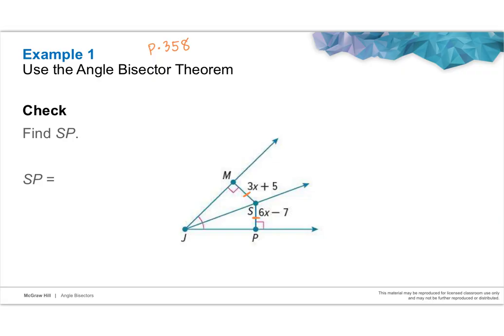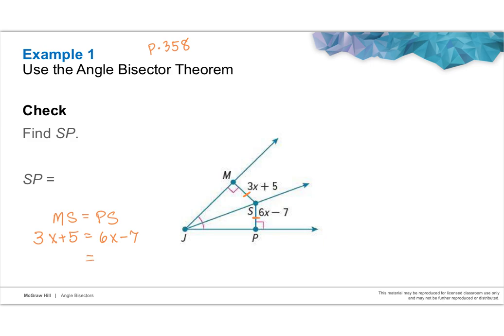And so we can set up the equation 3x plus 5 equals 6x minus 7, because those are our distances MS and PS, right?